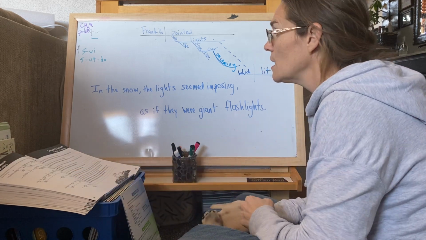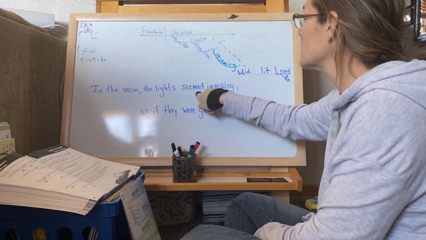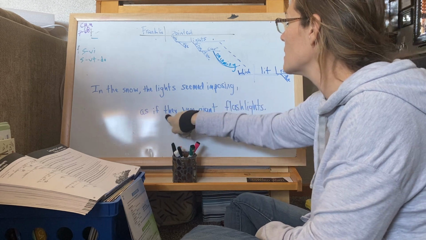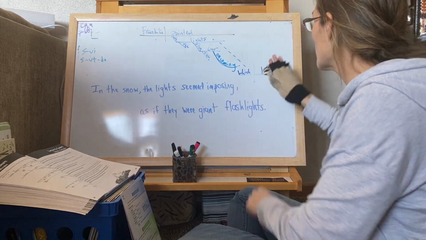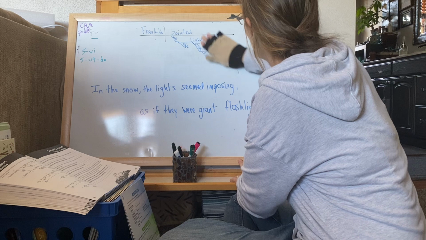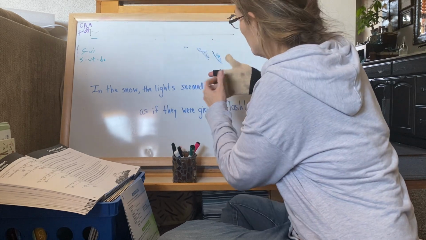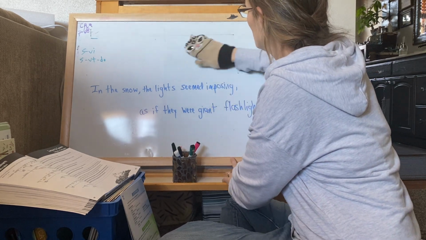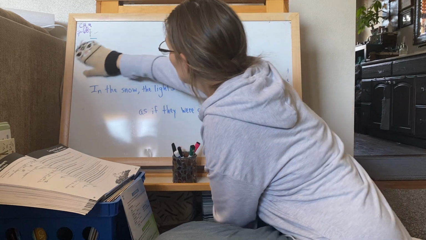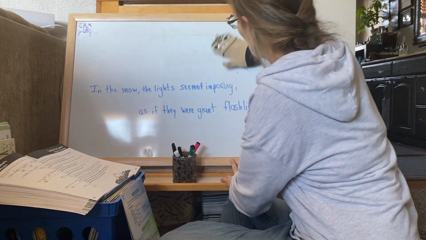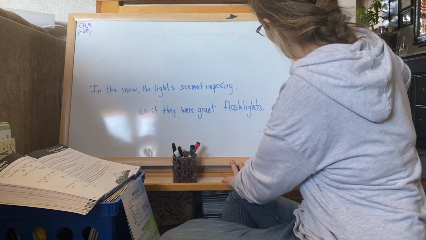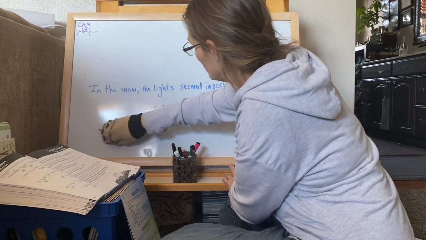Sentence B. In the snow, the lights seemed imposing, as if they were giant flashlights. So, any sirens going off right away? Imposing.